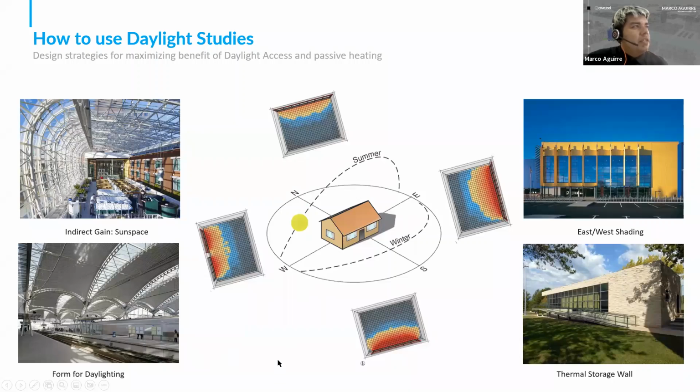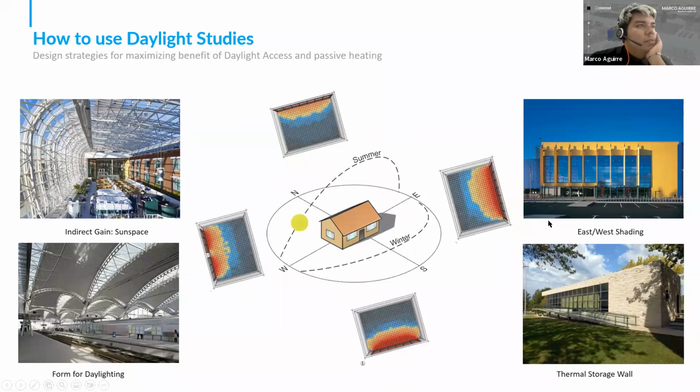Also, as you're generating the different daylight maps, you can also help reveal certain strategies that you might not have thought about. So this is coming from a study looking at the 2030 palette, which is a bunch of different strategies based on your climate zone, and then intersecting them with the daylight analysis that was done in Facade Tool. So what kind of daylight quality did we get depending on the orientation of the building?